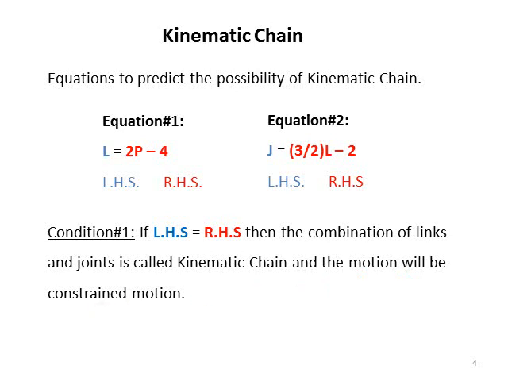motion. I will repeat again. Condition number 1 is: if the left hand side of equation number 1 is equal to the right hand side of equation number 1, or the left hand side of equation number 2 is equal to the right hand side of equation number 2, in any of the equations, then the combination of links and joints will be called a kinematic chain and the motion will be constrained motion.